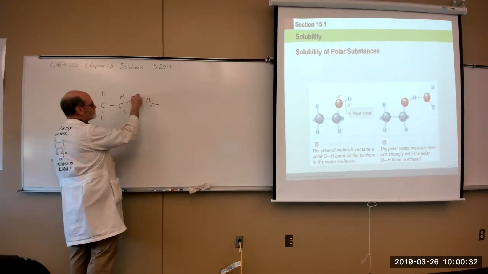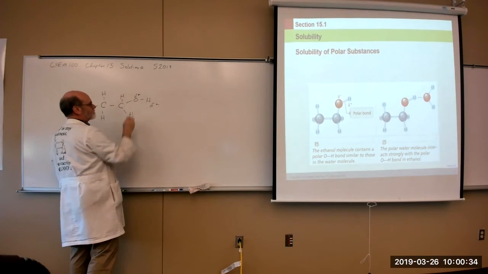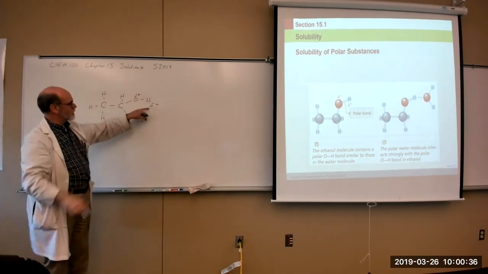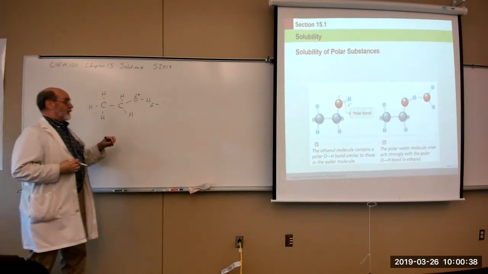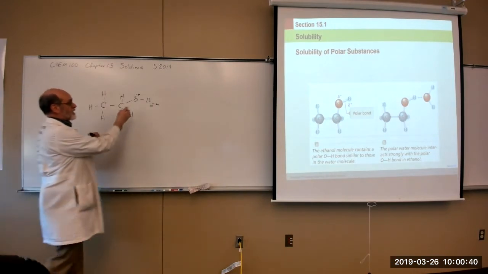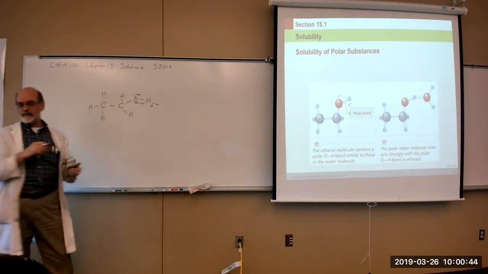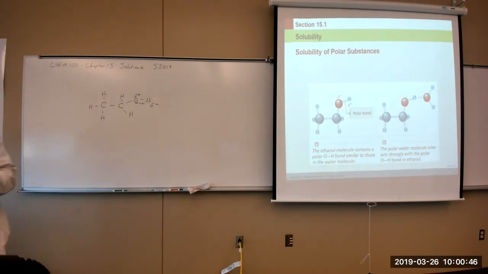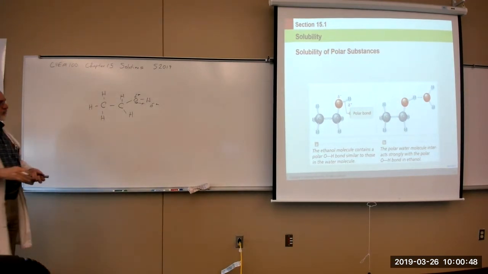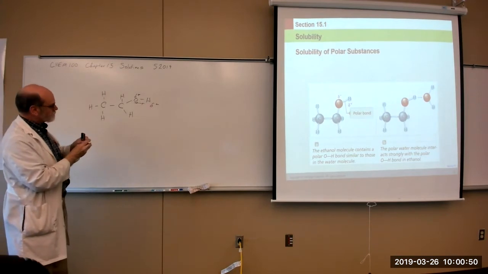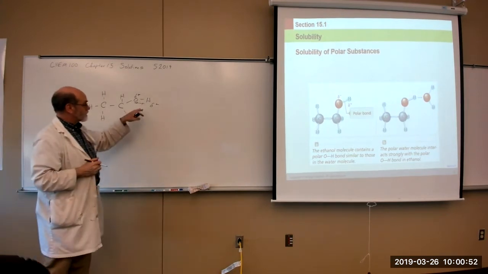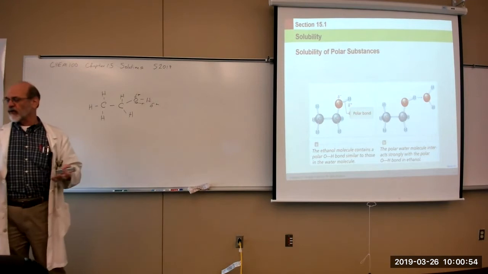And then you have slightly negative here, slightly positive there, because this one has a stronger attraction. And we use a symbol like that, which is the symbol for the dipole. So once you have this difference, that's a perfect place for water to attack.